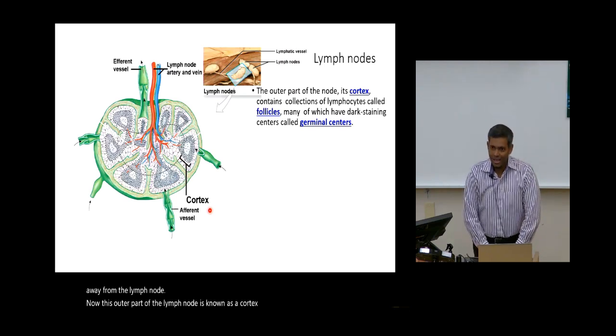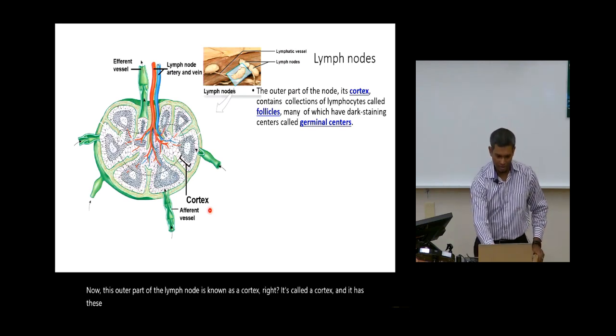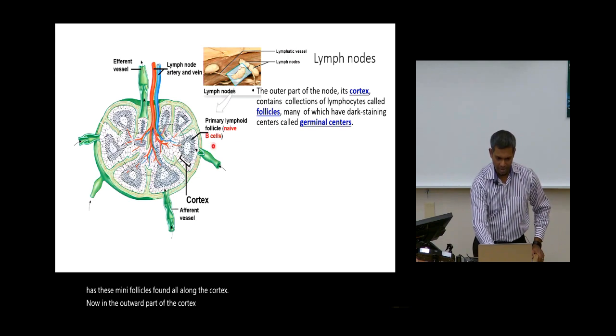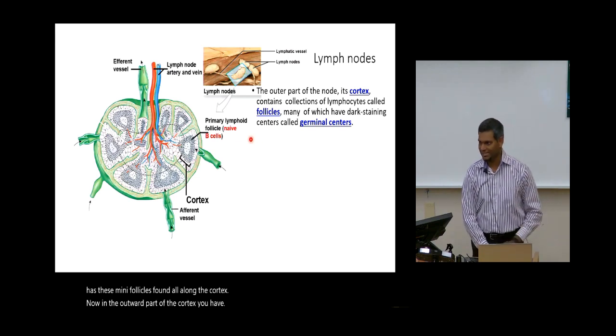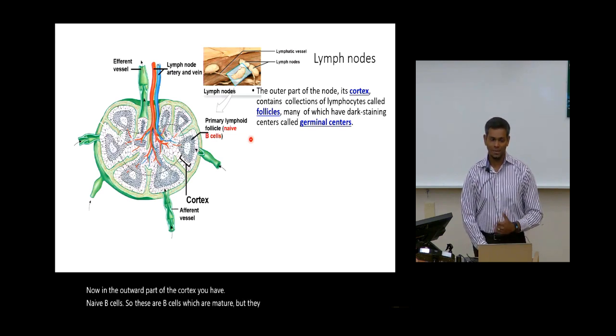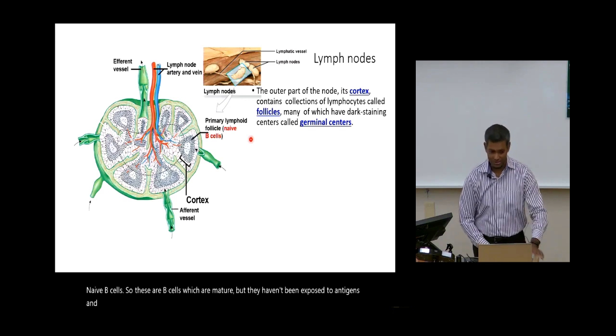It's called the cortex, and it has many follicles found all along the cortex. In the outer part of the cortex you have naive B cells. These are B cells which are mature, but they haven't been exposed to antigens, and so they are naive B cells.